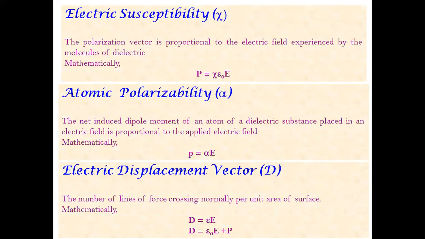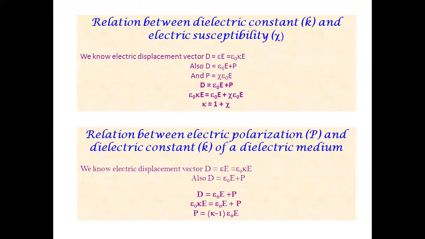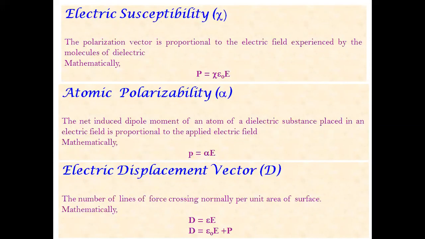Another very important term is the electric displacement vector, which is denoted by capital D. It is defined as the number of lines of force crossing normally per unit area of surface. Mathematically, the electric displacement vector D is equal to epsilon into E, that means permittivity of the substance into the electric field.